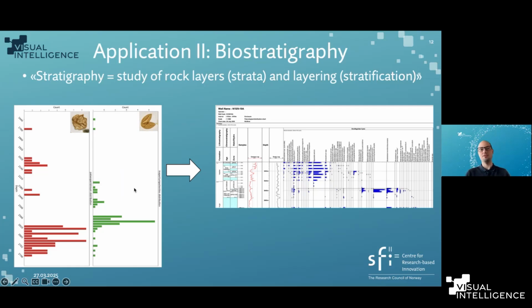So in a stratigraphy report, you have these species count distributions across depth and time. This is one application that we want to investigate in this work, to try to create these distributions in a more automatic fashion.